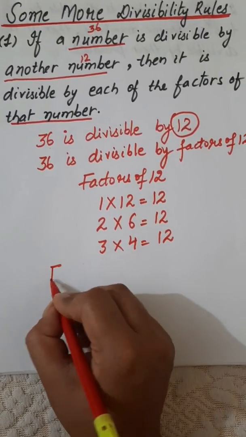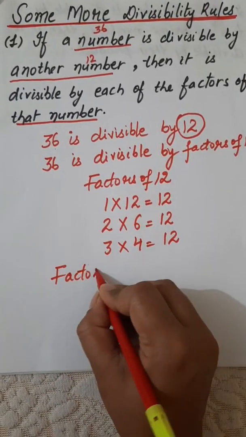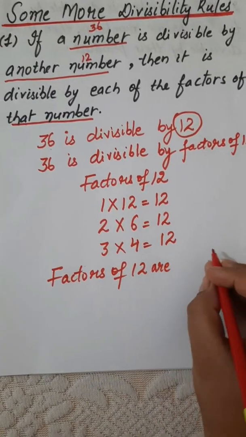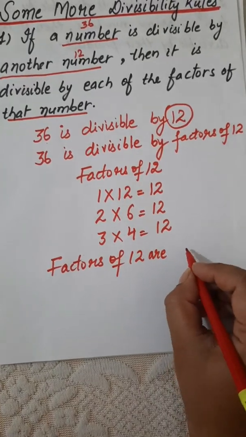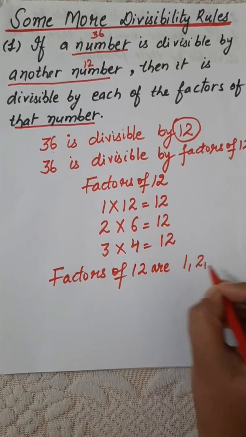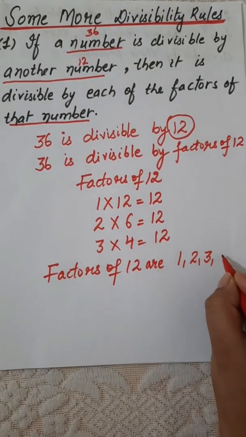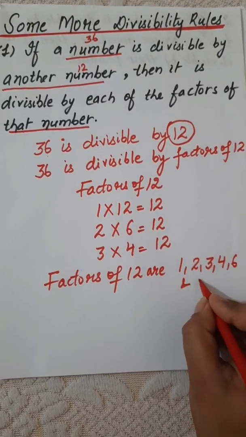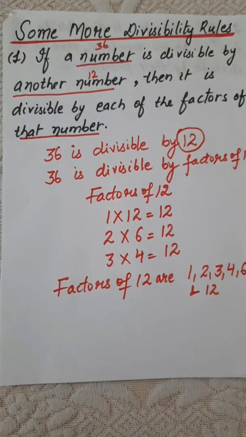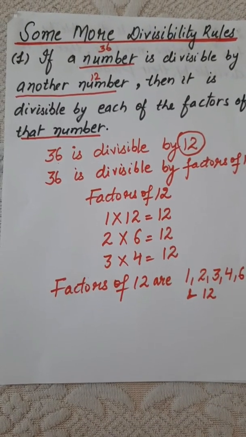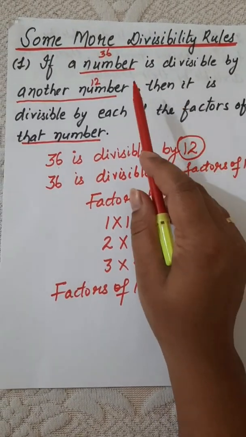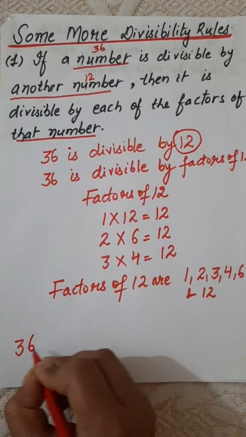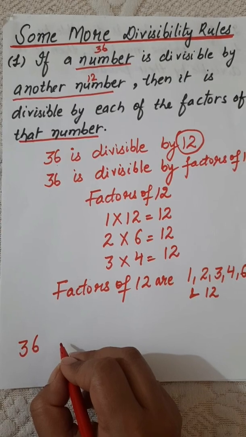So the factors of 12 are 1, 2, 3, 4, 6 and 12. So these are the factors of 12, and according to this rule, if 36 is divisible by 12, then 36 is also divisible by the factors of 12.